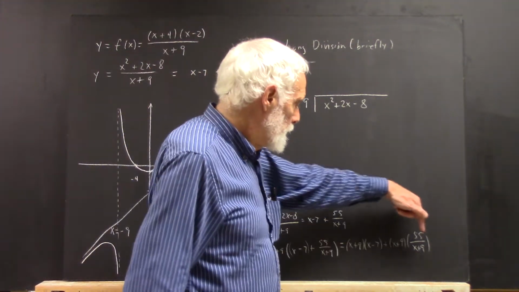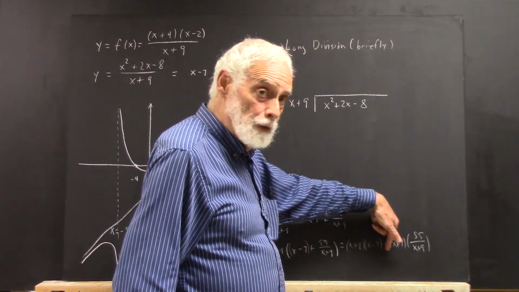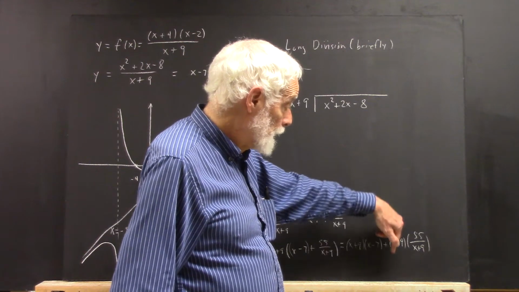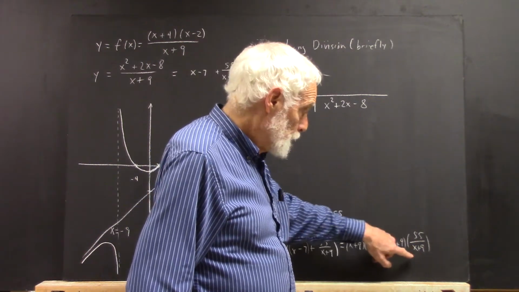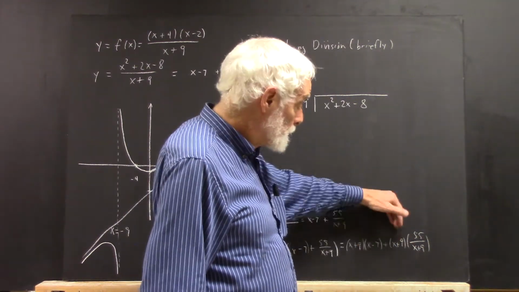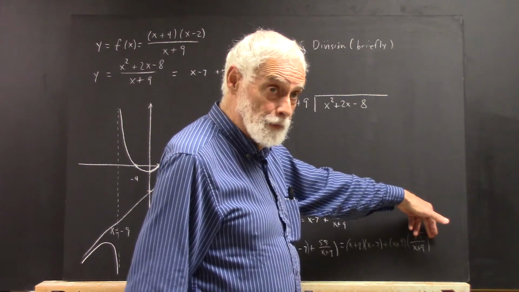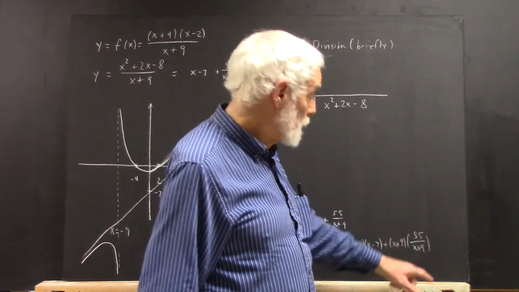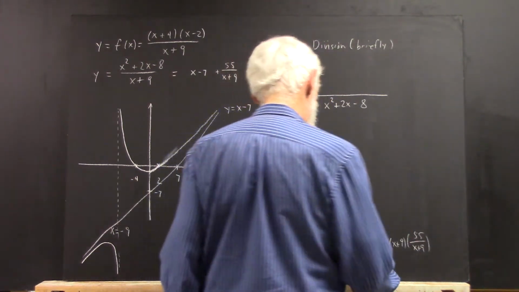Now we know we can rearrange 55 over x plus 9, so we've got x plus 9 times 55 in the numerator over x plus 9, and we can separate that out to x plus 9 over x plus 9 times 55, which is just 1 times 55, so this is 55.